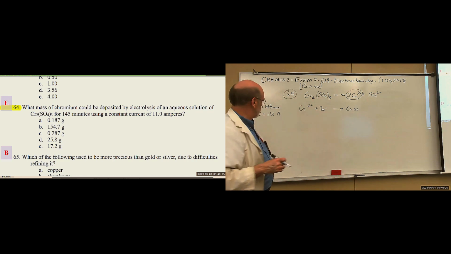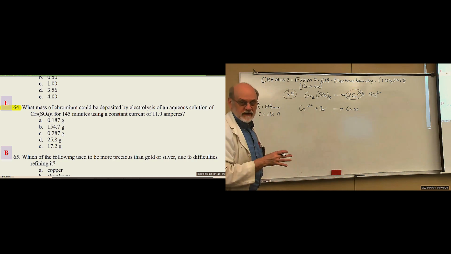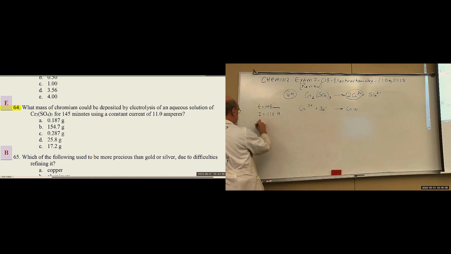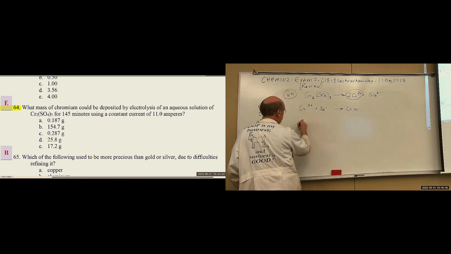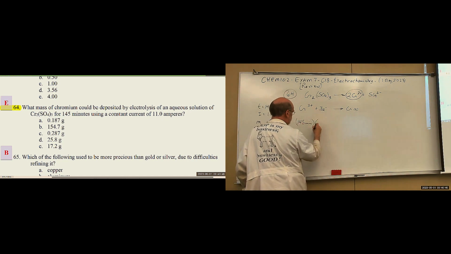Let's see, 145 minutes, 11 amps. Oh, okay, so that's all we need to know. And we're looking for mass of chromium deposited. Okay, so if we're at 145 minutes, we need to convert that to seconds, right?